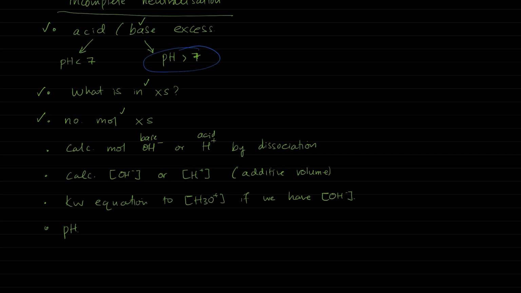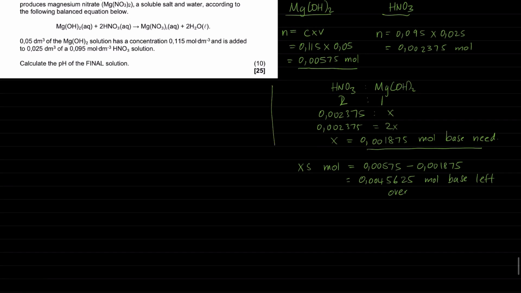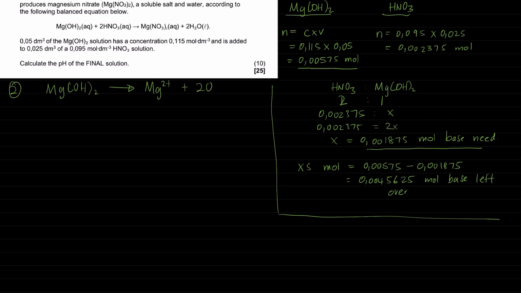Now we need to calculate the moles of the OH minus or the H plus by dissociation. Since the base is in excess, we need to work out the OH minus. So let's look at the dissociation, here on the side. Mg(OH)2 will dissociate into Mg2 plus ions and 2 OH minus ions. Now we can use a mole ratio here.